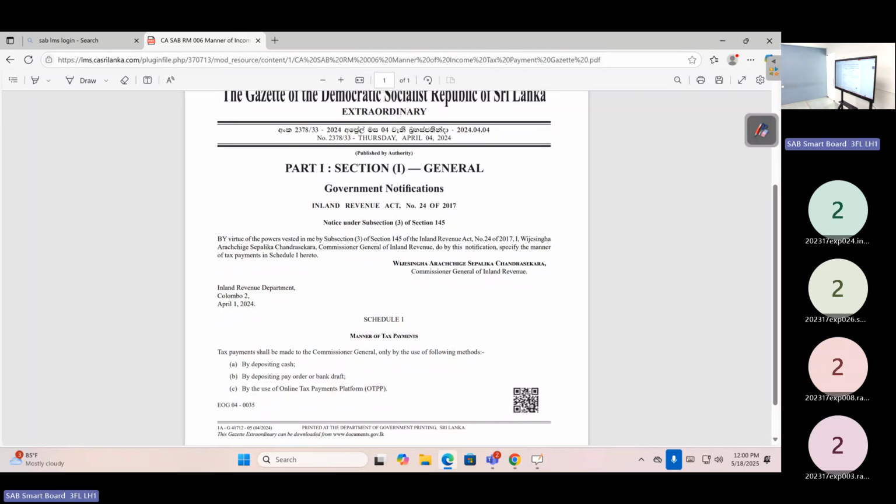Realization. There are so many options, but once you make the cash payment or the online payment, that money goes to the Commissioner's account.